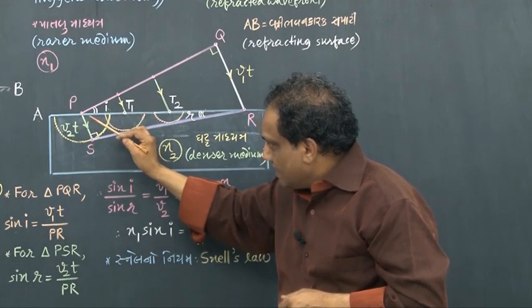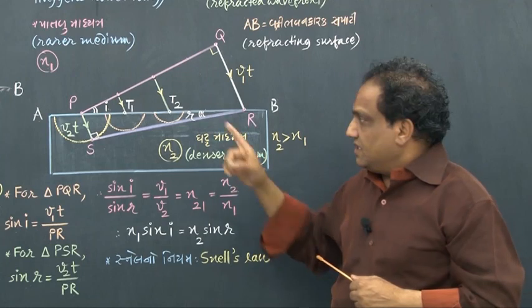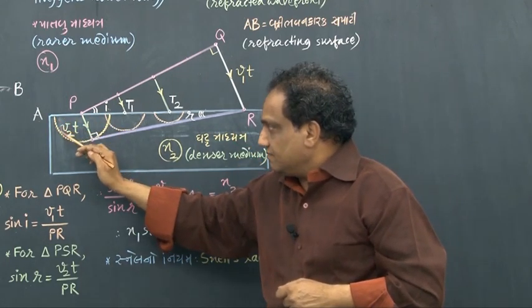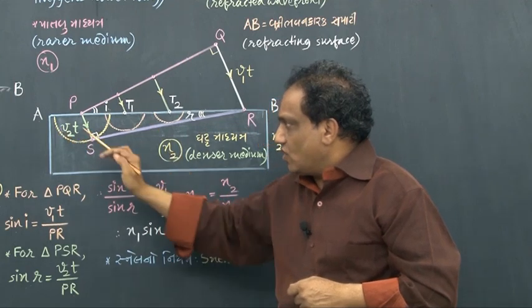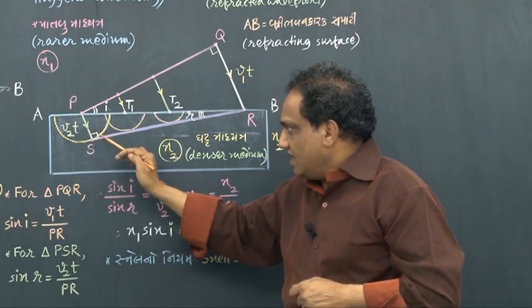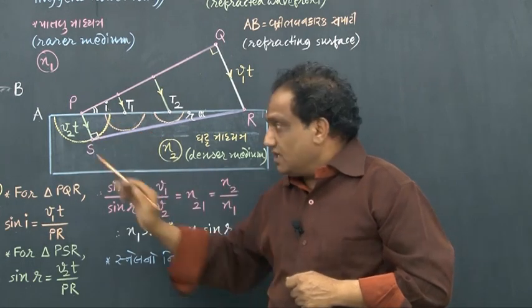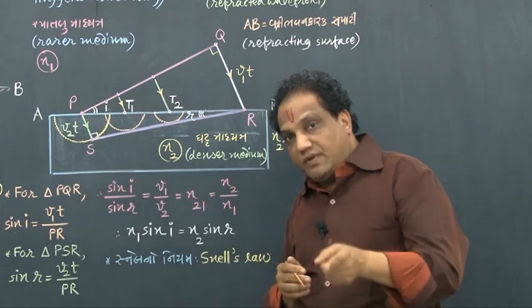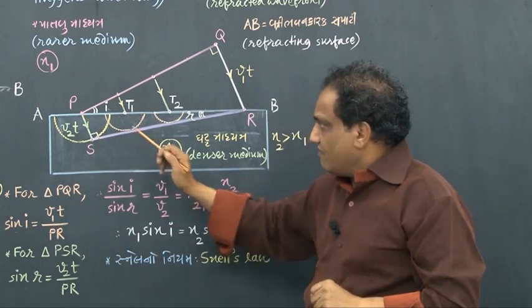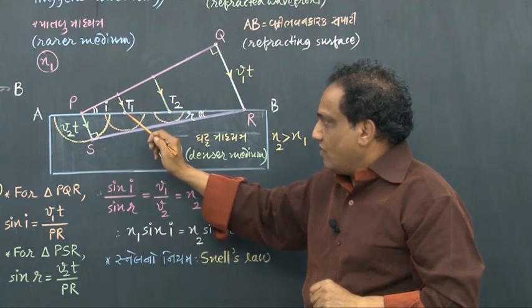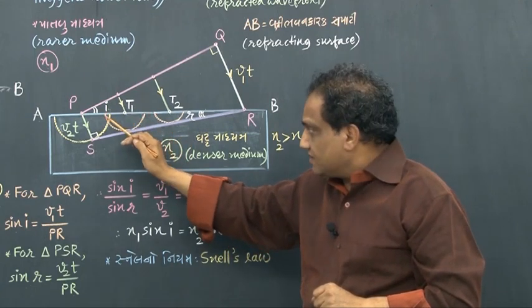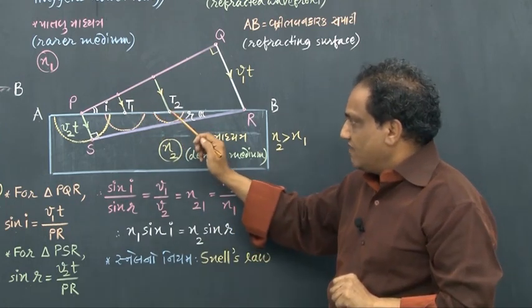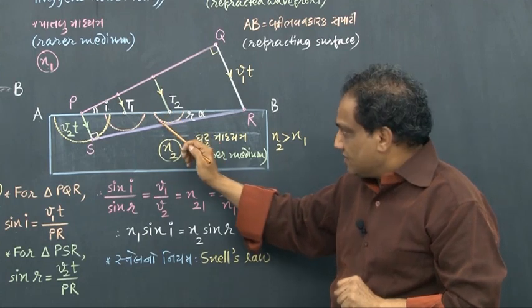Now, at time t, the secondary spherical waves emitted from point P have reached here. If you draw a tangential surface, it gives the new wavefront at time t emitted from point P. Similarly, at the end of the same time t, the new wavefront from point T1 will be this, and the new wavefront emitted from T2 would be this.